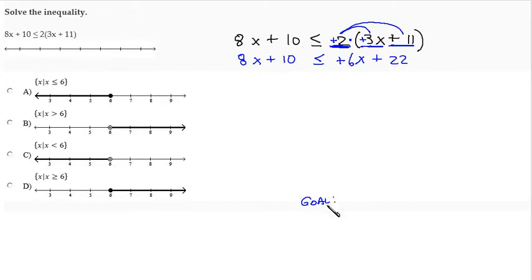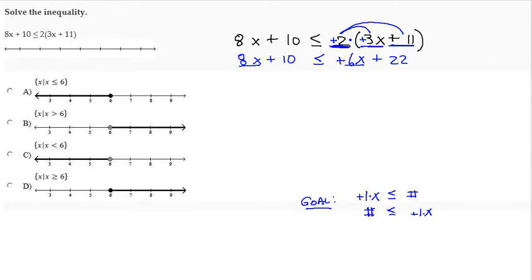Our goal for solving this inequality would be positive 1x is less than or equal to a number, or we could have the x, positive 1x, on the right side and a number on the left side. Being that we have x terms on both sides of this inequality, the possibility exists to go into either side with the x terms and the numbers to their opposing side.